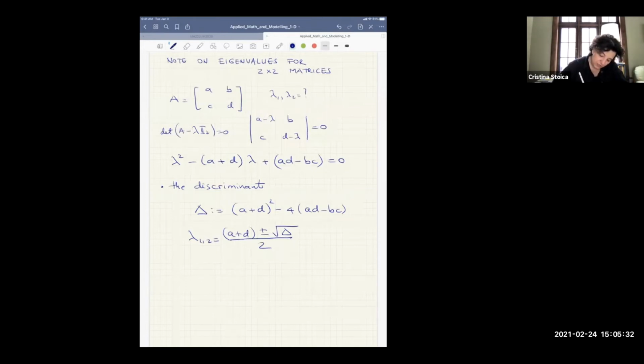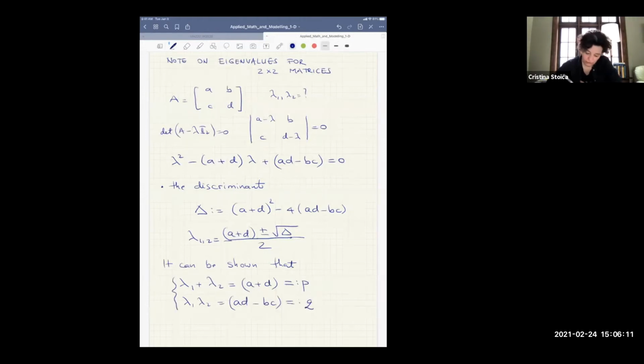However, it can be shown, and some of them are seen by eye, that if we take the sum of the roots, no matter if the roots are real or not, the sum of the roots is going to be A plus D. Let's call it P, so we can use the table that is given in the book. And then the product of the roots, lambda 1 times lambda 2, will be AD minus BC. Let's denote it Q.